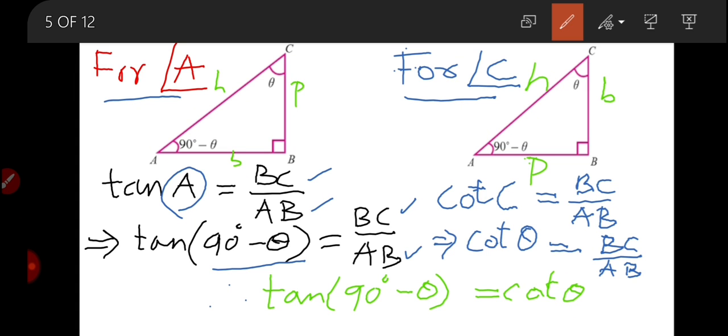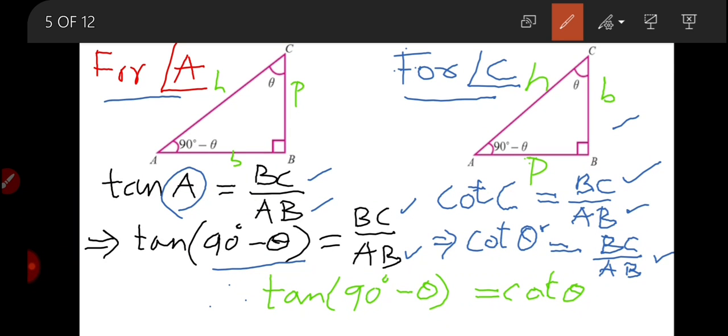Okay. For this triangle, for angle C, cot C is base by perpendicular. Here the base is your BC and the perpendicular is your AB. Angle C is theta, so cot theta is equal to BC by AB.